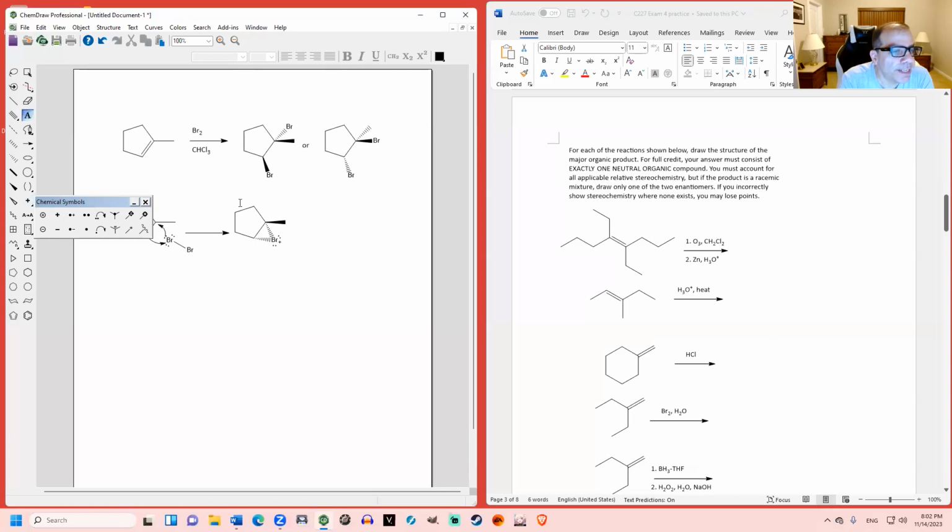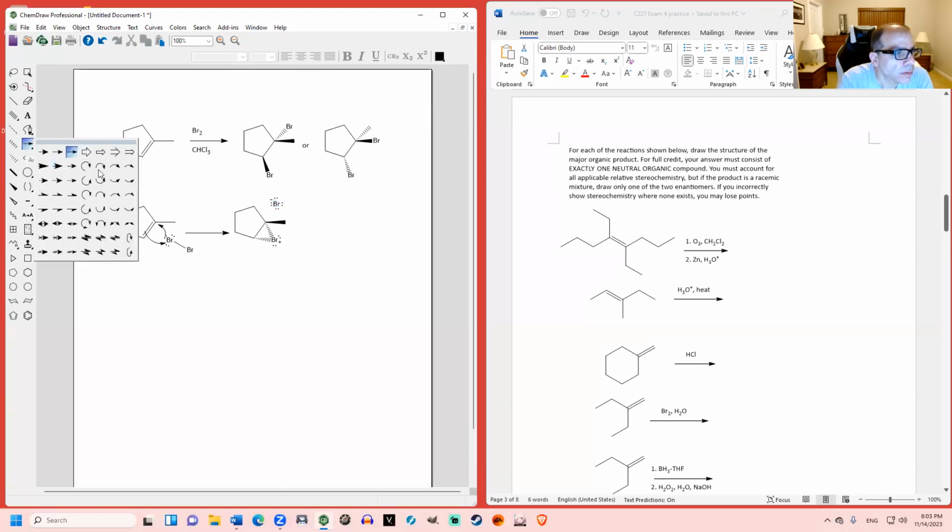And then when the bromide ion attacks, it's an SN2 reaction. It has to come from behind the carbon-halogen bond. So this is to come from the top face, from the wedge bond face.